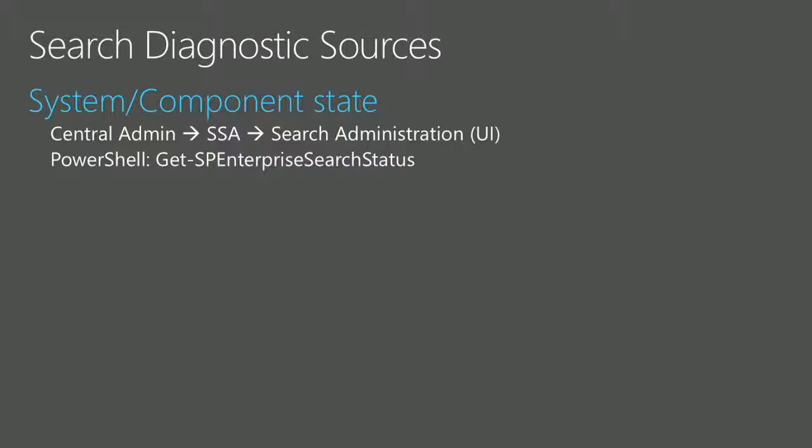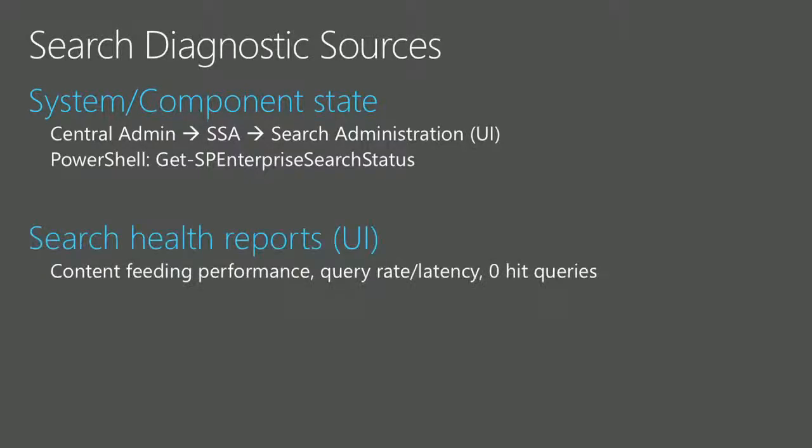So, real quick, search diagnostic sources. Obviously, Paul's already been through this and showed you the SSA, where you can go into the search administration UI. And then you have another option, PowerShell. Get-SPEnterpriseSearchStatus is the main character there. The search health reports in the UI, so part of the analytics are also generated from other things.